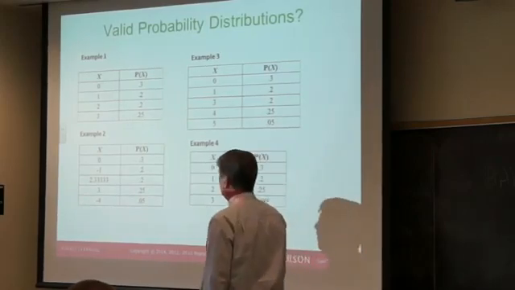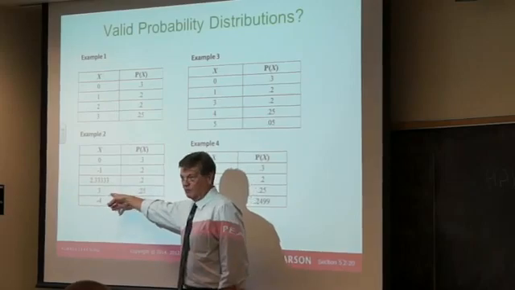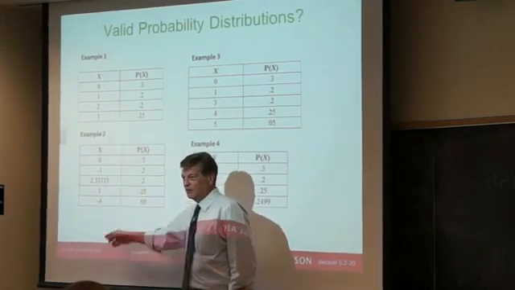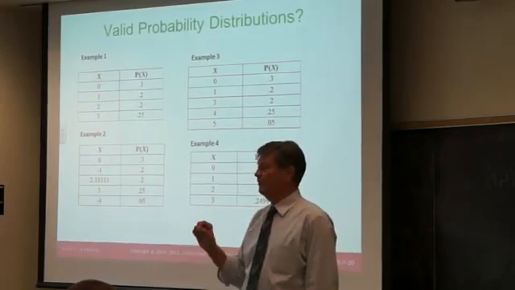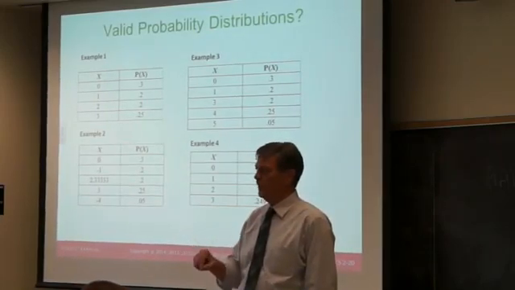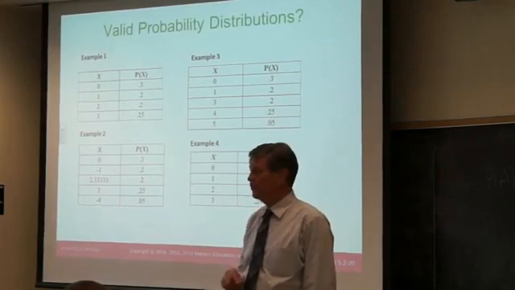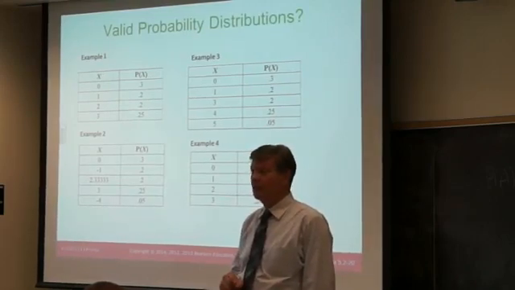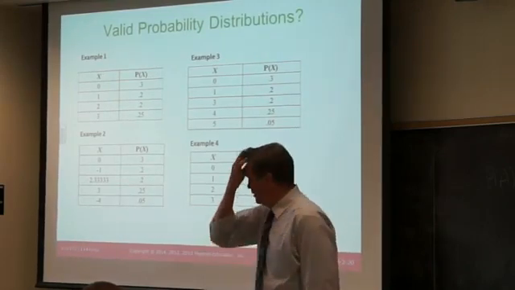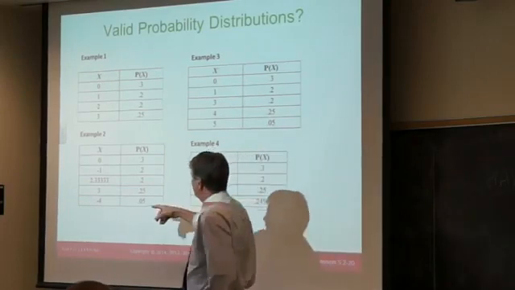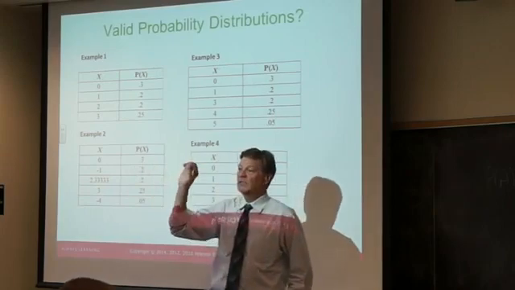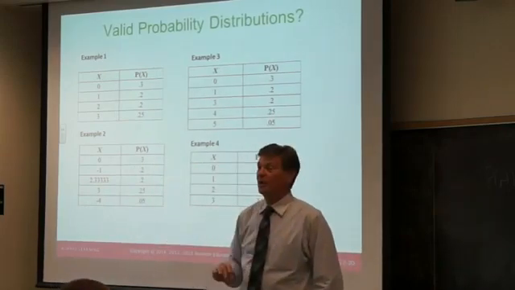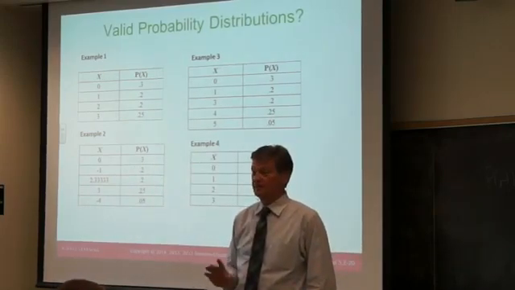And you're troubled by the negatives and the decimals? Did we say anything about what the value, the random variable itself had to be? Did we make any restrictions on it? We didn't. So it's perfectly legitimate to have negative numbers here. I could have pi, I could have the square root of 17 as an x. That's no problem. That's fine.